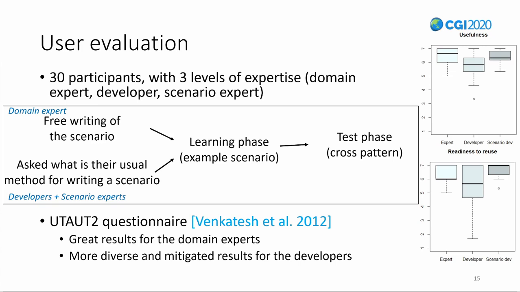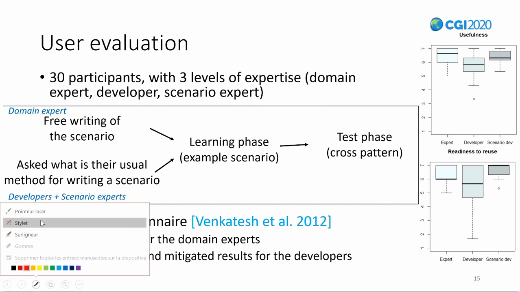At the end of the experiment, we asked the participants to fill out different questionnaires, out of which we mainly processed the U2 questionnaire, but we also asked some questionnaires about the cyber sickness, the presence, and the immersion. We noted great results for the domain experts in the U2 questionnaire, which were confirmed in the post-experiment discussions by the satisfaction those participants had in being able to create by themselves something for a VR application.